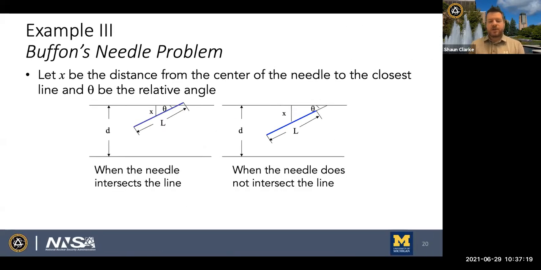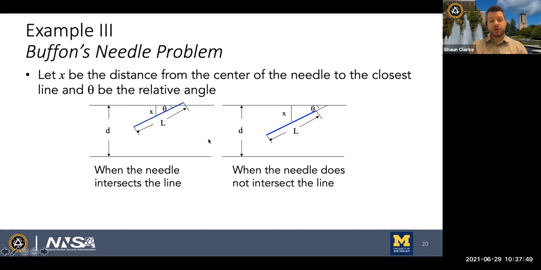In this case, the needle we're going to consider to be length L, and the spacing between the lines on the floor we're going to consider to be length D. Every time a needle is dropped on the floor, we drop a perpendicular to the closest slat, we'll call that X, and the angle that the needle makes with the lines, we're going to call theta.